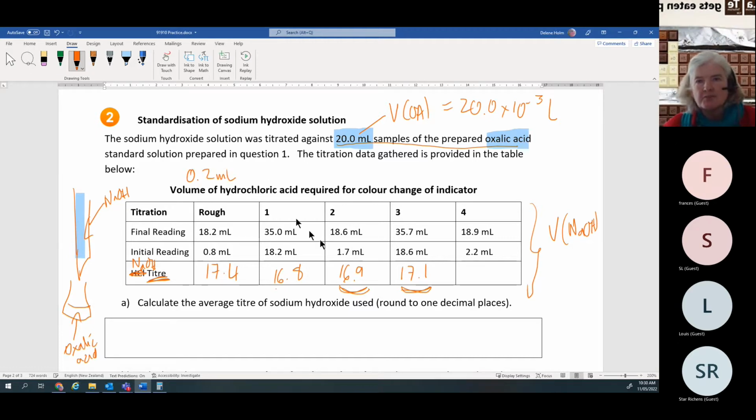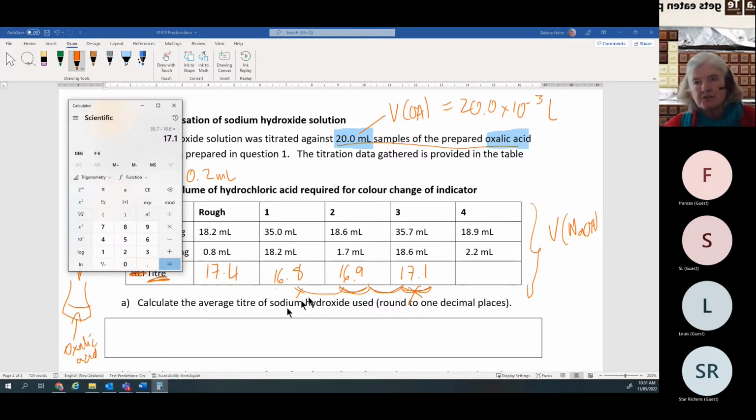That's the maximum, then it starts getting too inaccurate. So you could take those two, but then you can't take that one. Or you could take those two, but you can't then take that one. That's why we had to do another one, because we don't have 3 results within 0.2 milliliters.